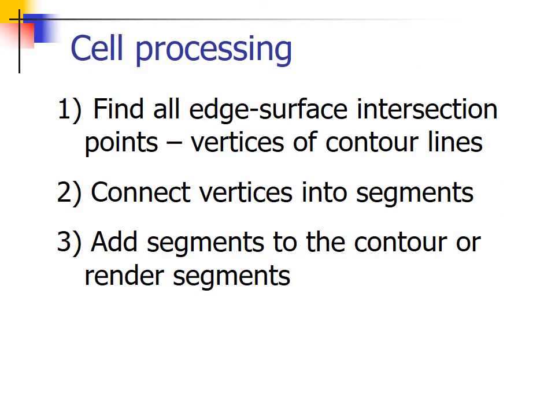The cell processing algorithm is the following. Find all edge-surface intersection points. They will be vertices of contour lines. Connect vertices into segments. Add segments to the contour or render segments.